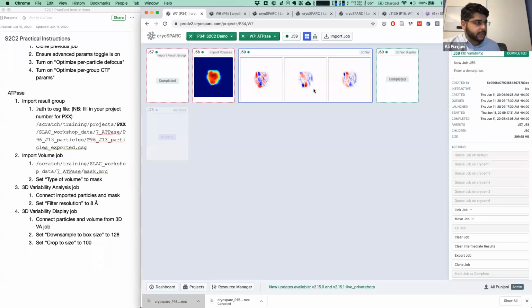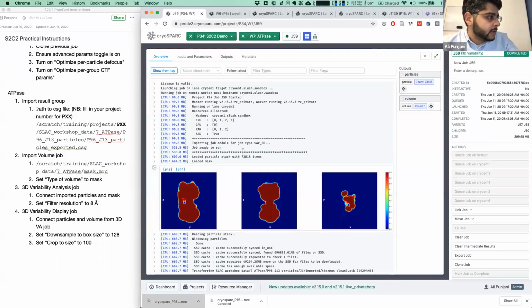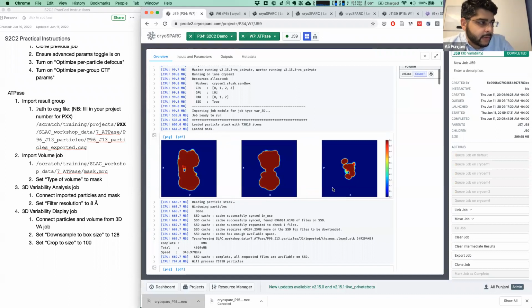So just digging into this job a little bit, 3D variability analysis starts with a mask, which in this case, we provided a mask that includes the entire protein. We didn't want to ignore any part of it. But for the GPCR structure, for example, as I mentioned, and for all the other membrane proteins that we show results on, you do have to exclude the micelle in order to be able to see the variability of the protein itself.